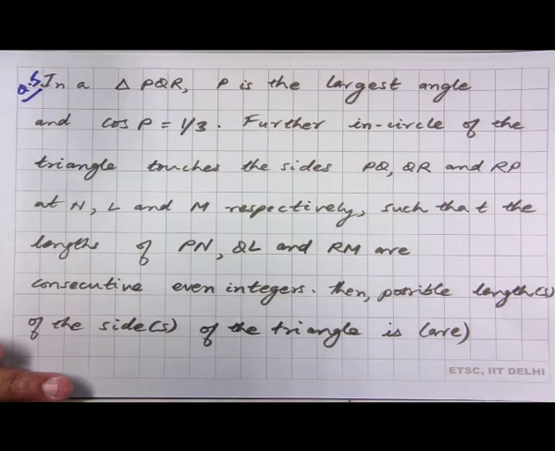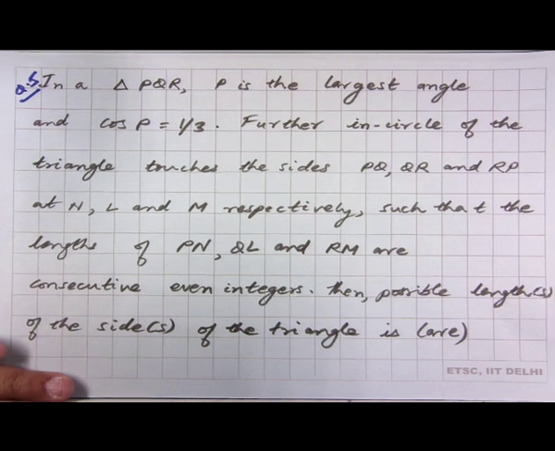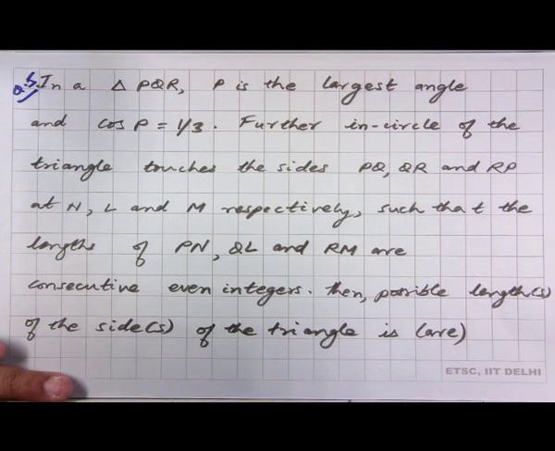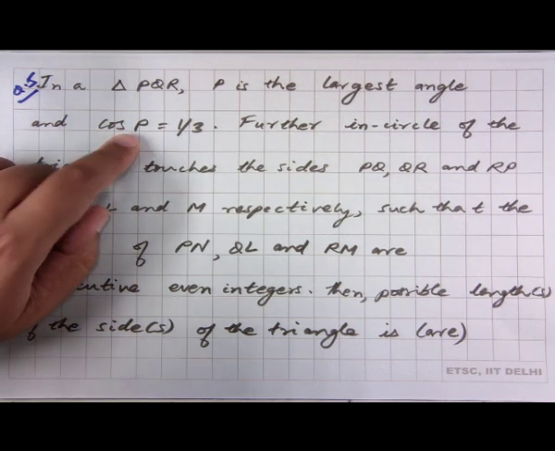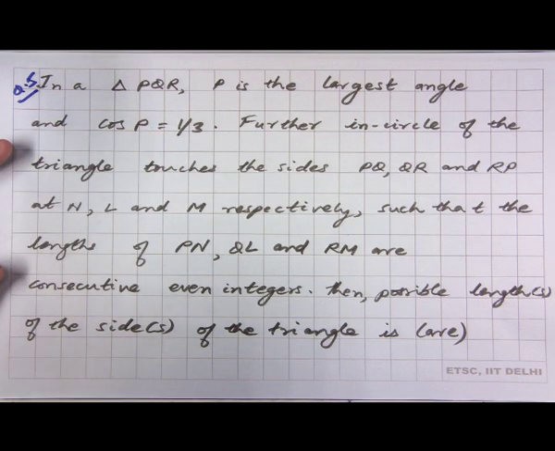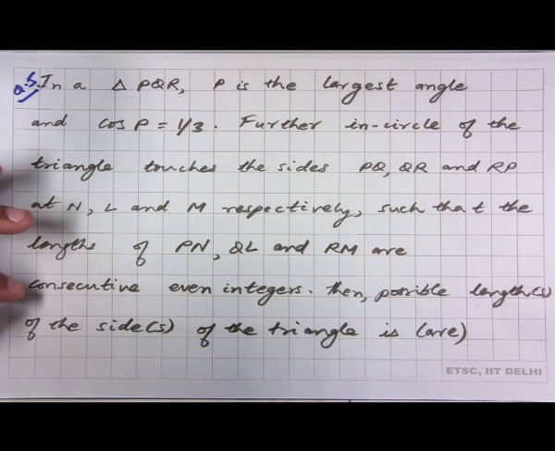It is said that we have a triangle PQR where P is the largest angle and the cosine of the largest angle of the triangle PQR is 1 over 3. Further, the incircle of the triangle touches the sides PQ, QR and RP at the points N, L and M respectively, such that the lengths PN, QL and RM are consecutive even integers.